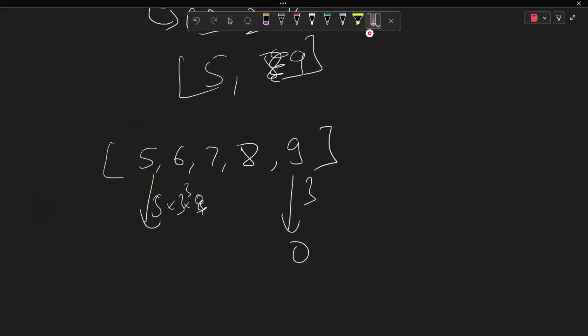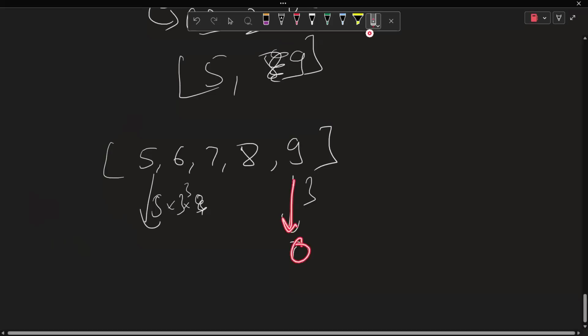So if we select 9 as our first element, that would become 0. It means that if this takes 3 steps, some other number would increase the number of steps required. So basically, we are taking 6 steps to even out that thing.